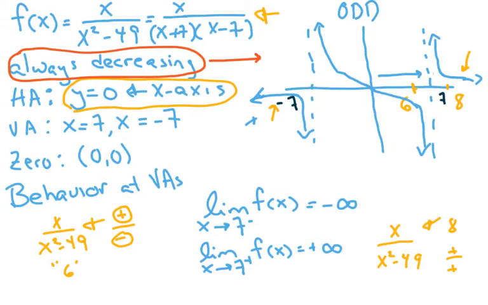So as we're riding along on this piece of the graph, as we go from left to right, we're always going downhill. Then we have to jump over the asymptote. We start way up here, but again, as we go left to right, we're always going downhill. That means decreasing. Downhill.